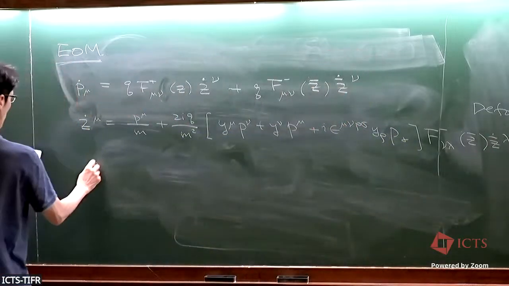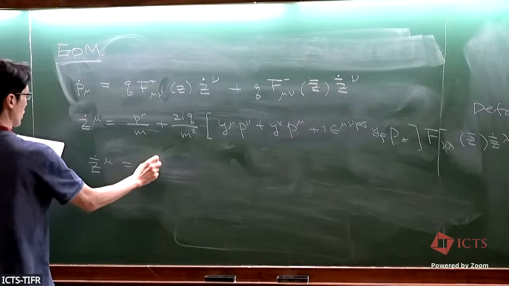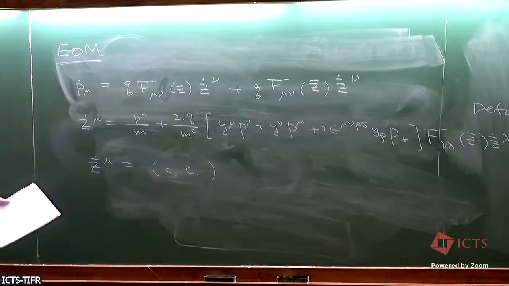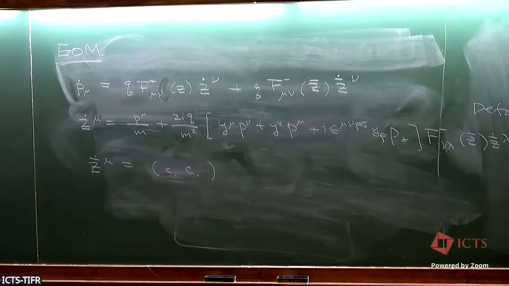And for the z bar, it's the complex conjugate. Yeah, so they look fairly complicated.